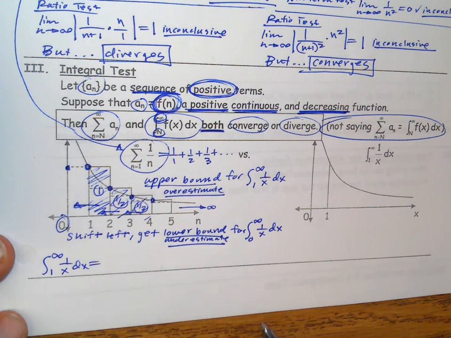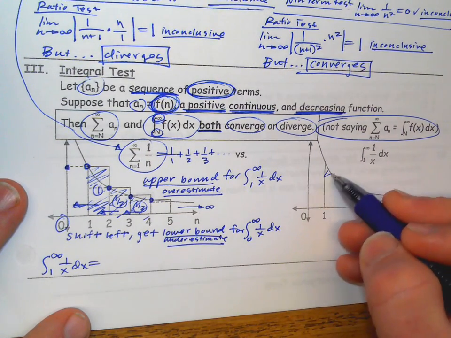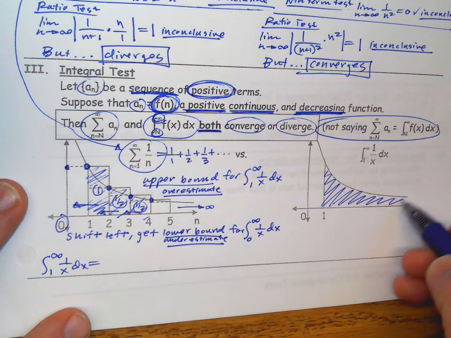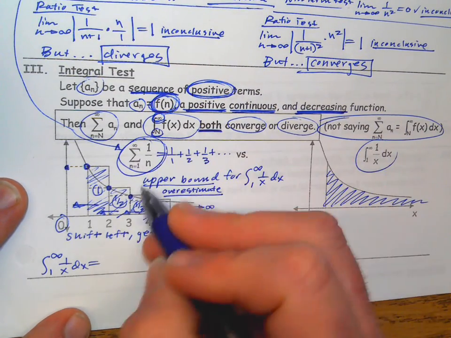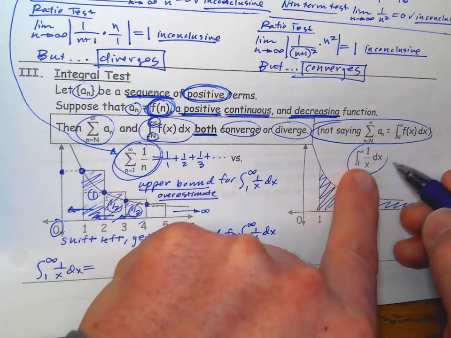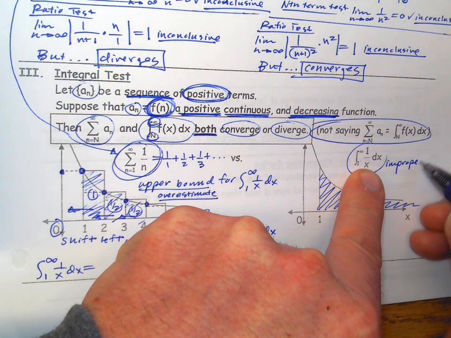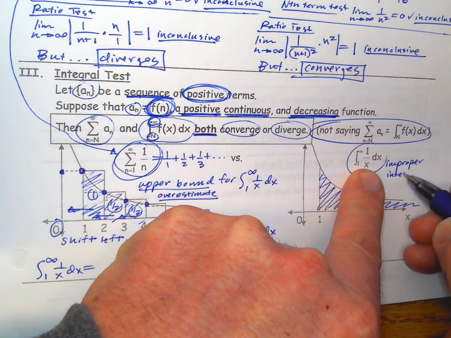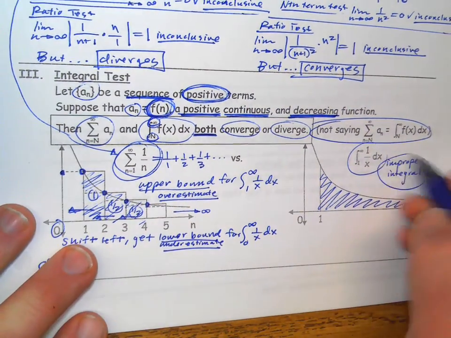Now, we're going to go ahead and integrate this and see what happens to the area under the curve. So we're comparing these two things: this function, a visual representation of it, and this improper integral. I'm trying to compare them to each other.